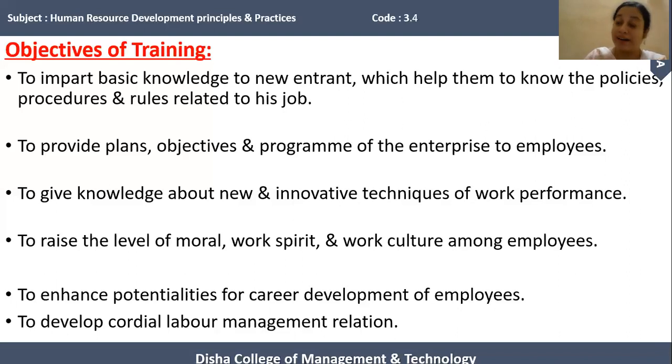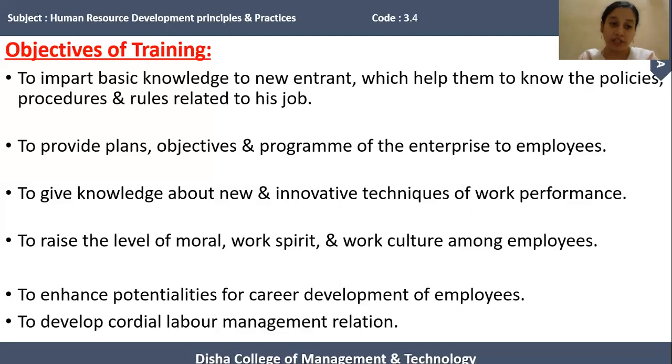In training, the trainer explains the method of work performance, and after that the trainer also provides the skills and knowledge required to perform in this method, so that the person can make himself or herself more comfortable with the latest techniques or work procedure, and can accomplish everything in the most desired way.